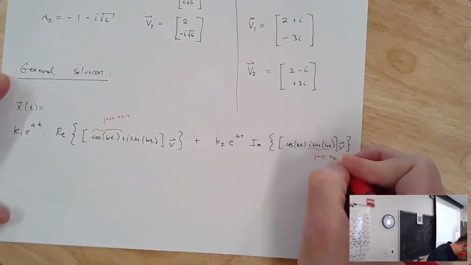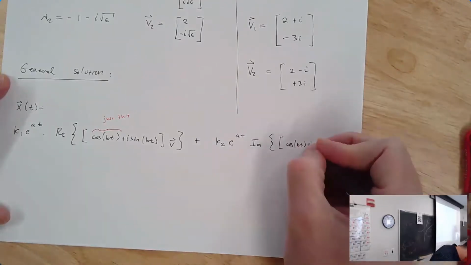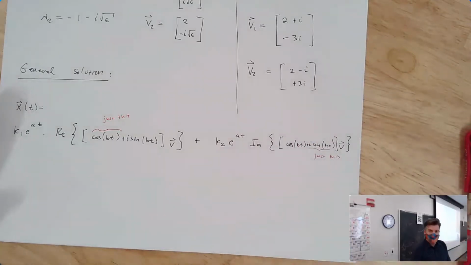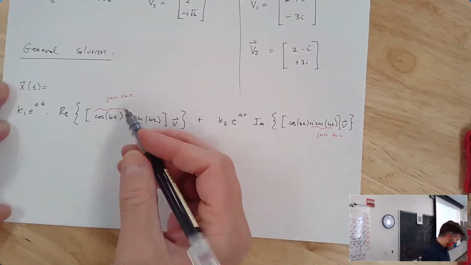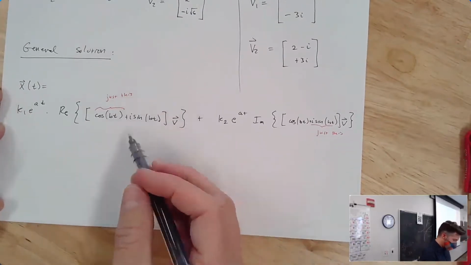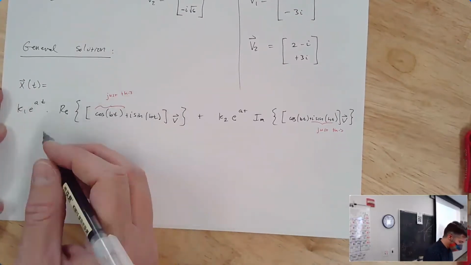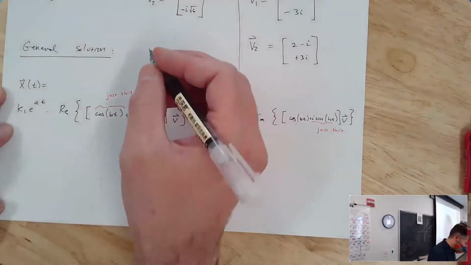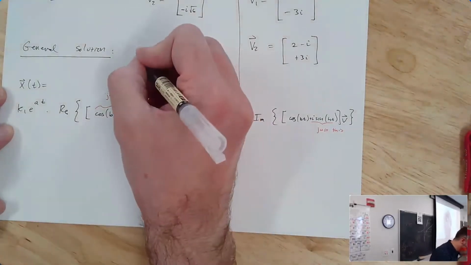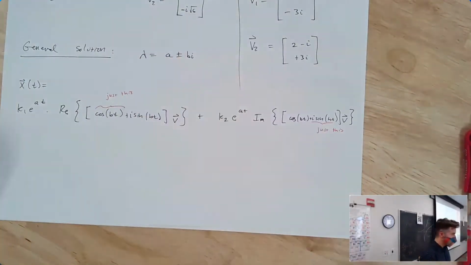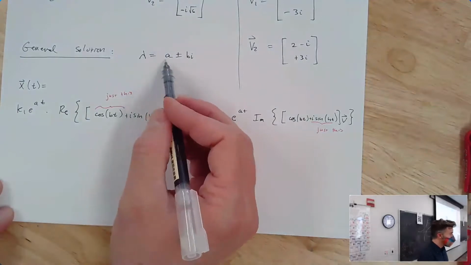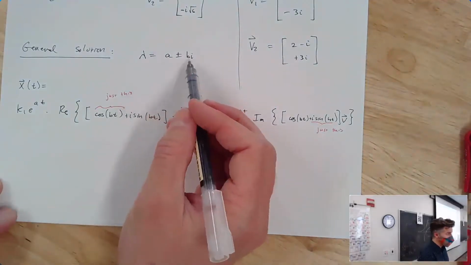I forgot the plus sign there. So in this particular example, this is when your eigenvalues are A plus or minus Bi. A is the real part of the eigenvalue and B is the imaginary part of the eigenvalue.